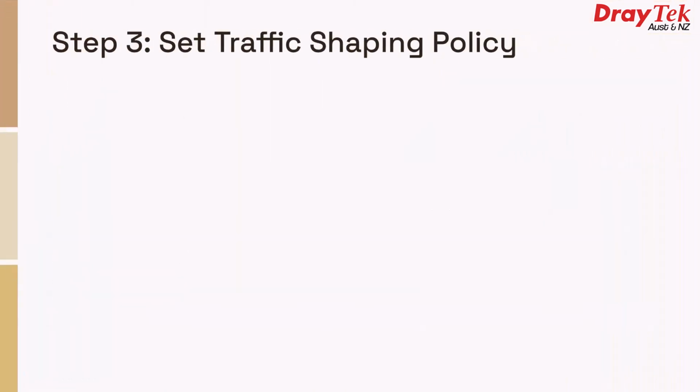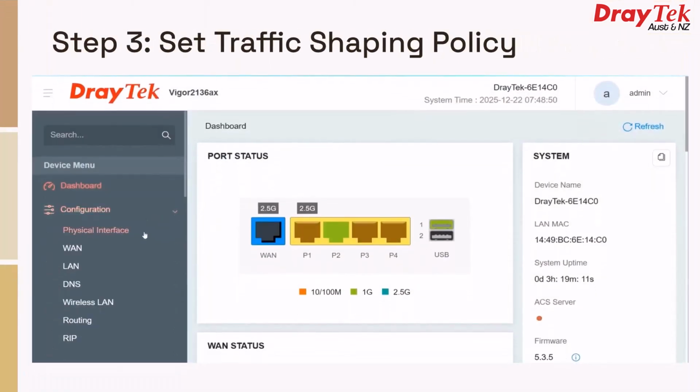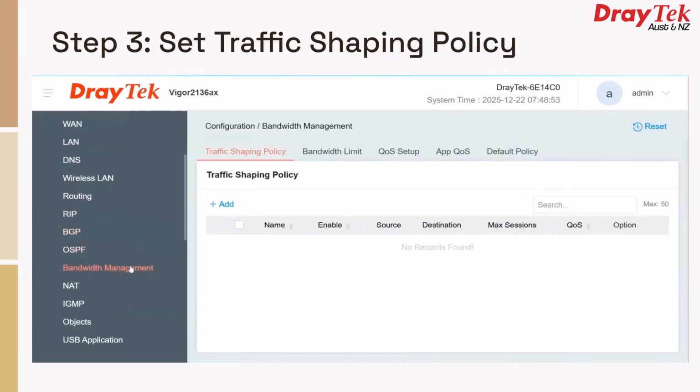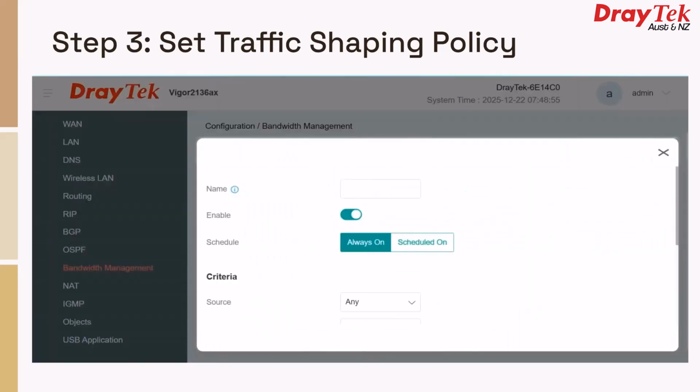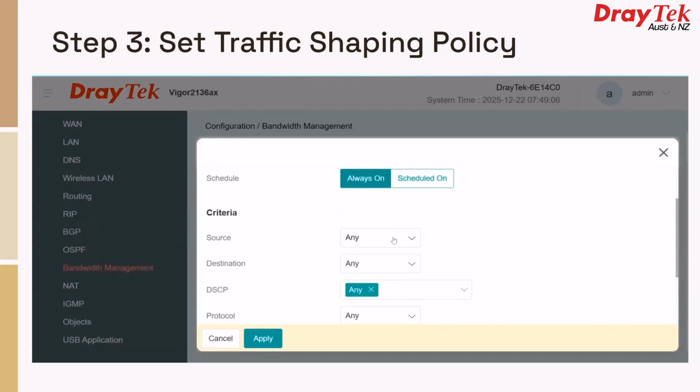Next, we can create rules using Traffic Shaping Policy. Go to Configuration, Bandwidth Management, Traffic Shaping Policy, then click Add. Create a new policy named Business Servers, set it to Enable, and set the schedule to Always On. For the source, select the server's IP group.